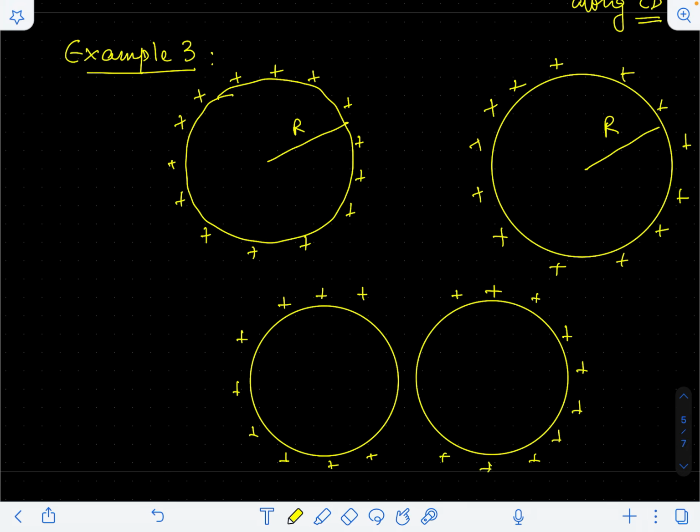The symmetrical distribution is as shown in figure 1 and this is figure 2. In figure 1, both the spheres have a symmetrical distribution of charge, but when these two spheres are brought close to each other, the distribution of charge does not remain symmetrical. So the charge becomes unsymmetrical as shown in the diagram.